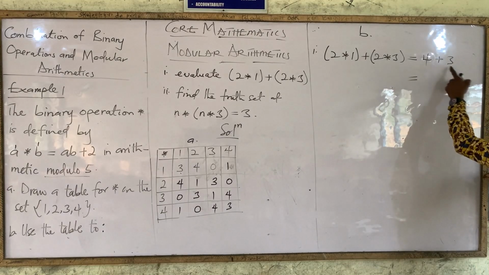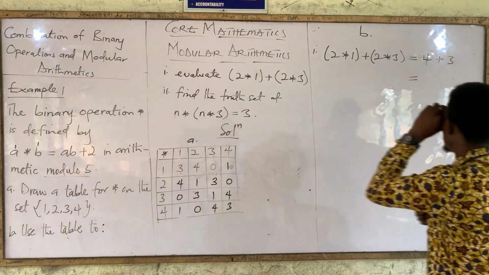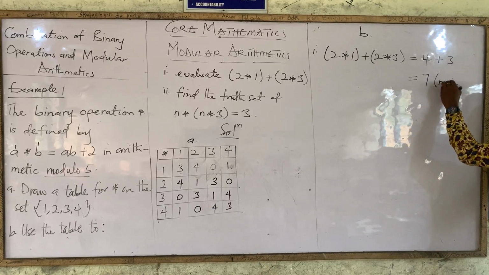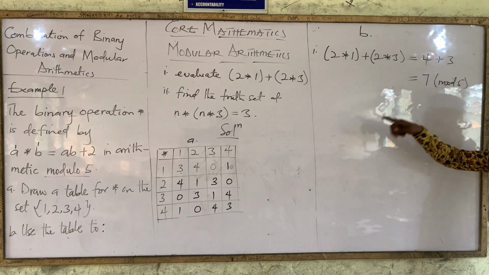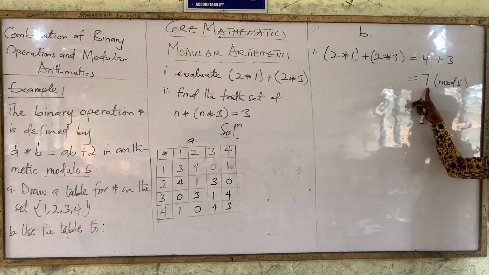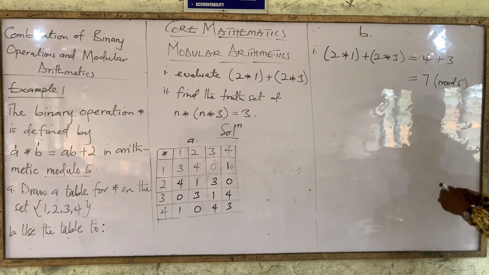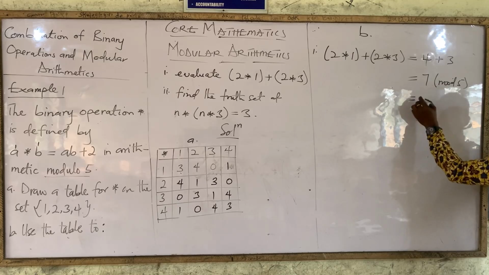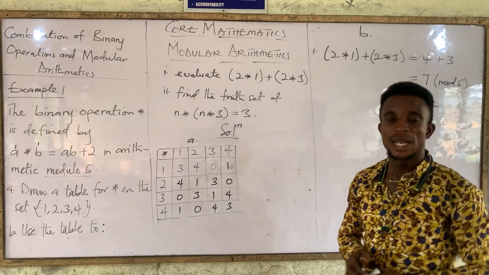Then when I convert this, we are working everything in modulo. Do we get that? So this one will get me 7. Then I take mod 5, because this 7, we are working in modulo 5. 7 is not part of the remainders of 5. That is why I'm taking the modulo of the 7. Are you getting that? And taking the modulo of the 7 will now get you 2 as an answer. Please, do we get that?